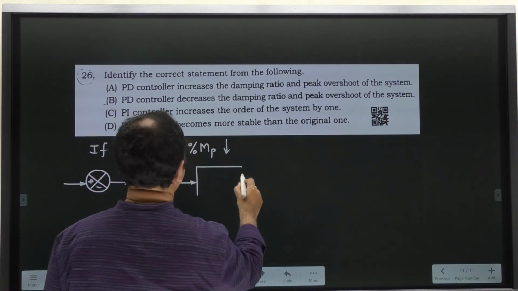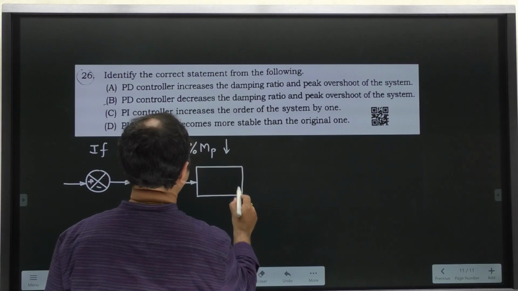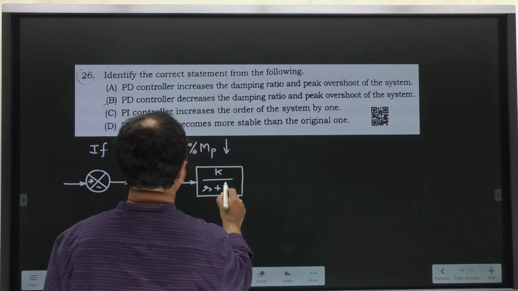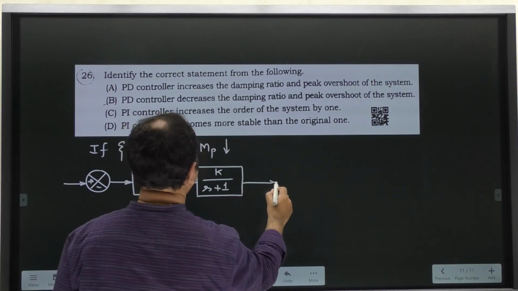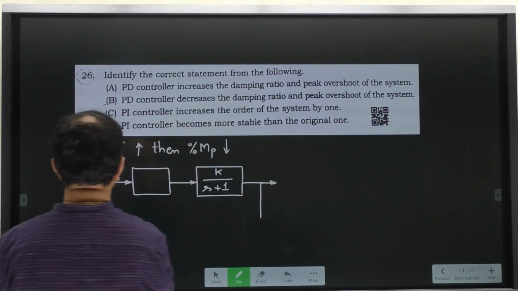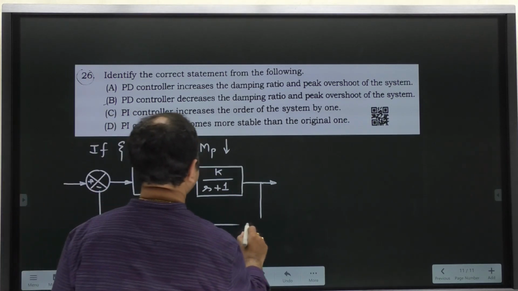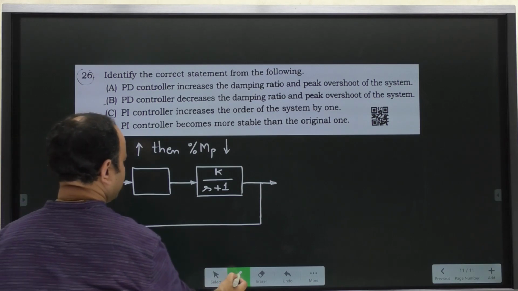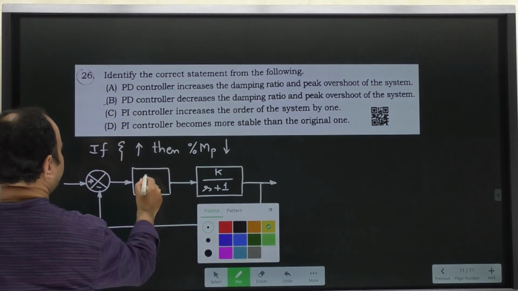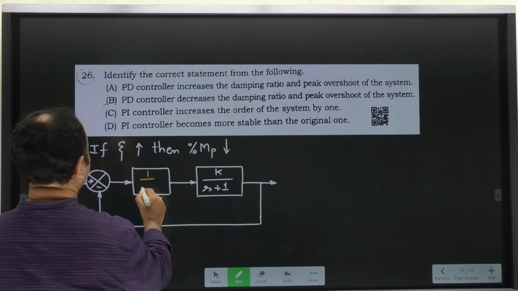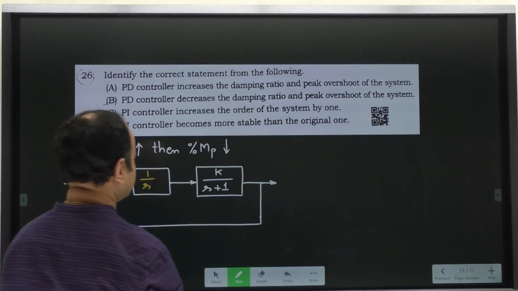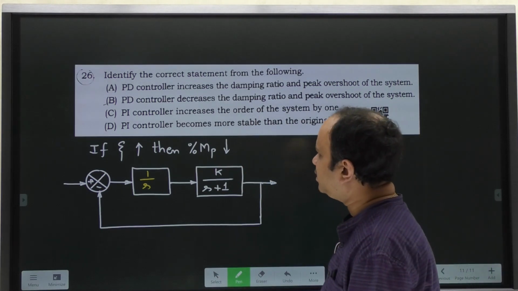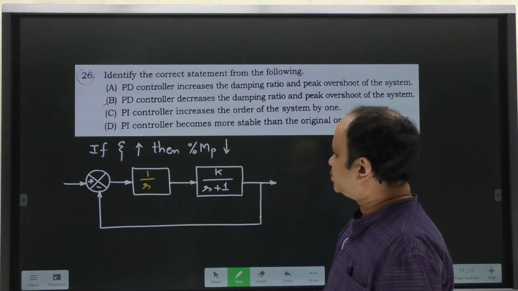Now let us take a first order system here, K divided by S plus 1. So this is a unity feedback system. Now this is a first order system. For this, if we employ a PI controller, let us take simply an integral controller, the same concept is applicable for PI also.